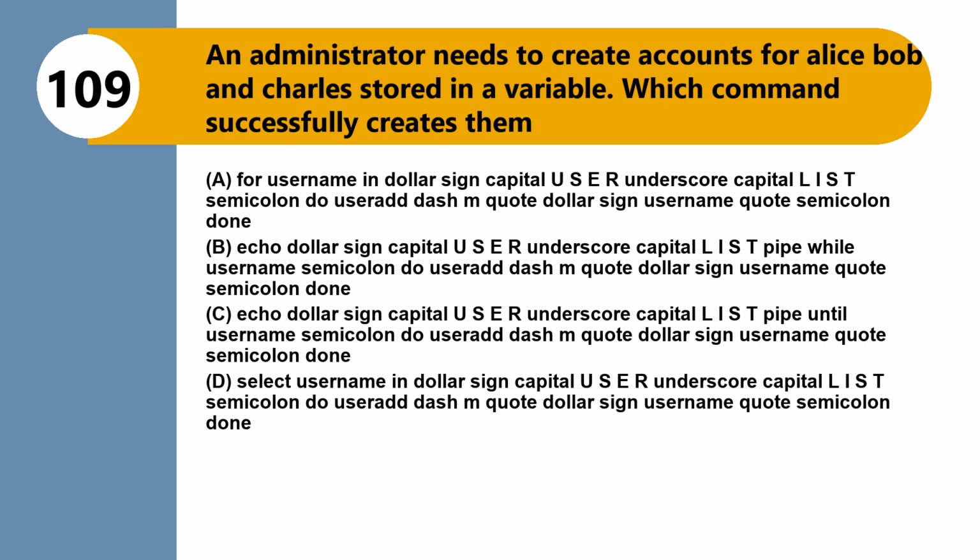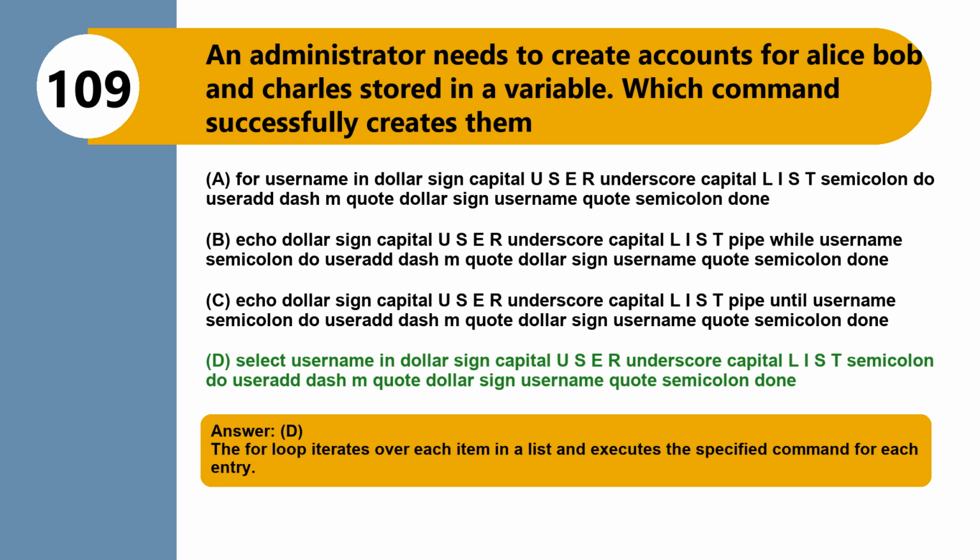Option D, select username in $USER_LIST; do useradd -m $username; done. The correct answer is option D. The for loop iterates over each item in a list and executes the specified command for each entry.